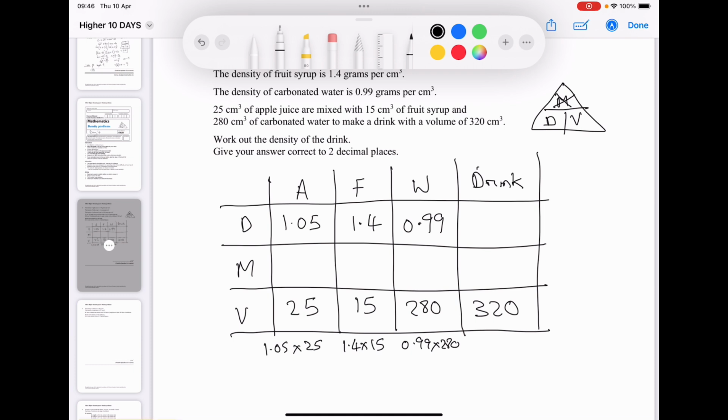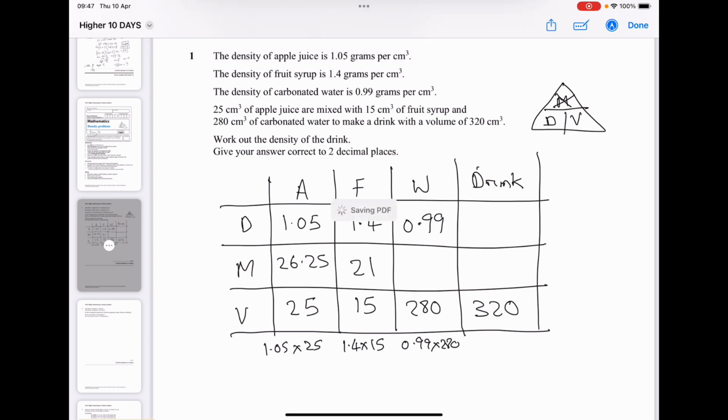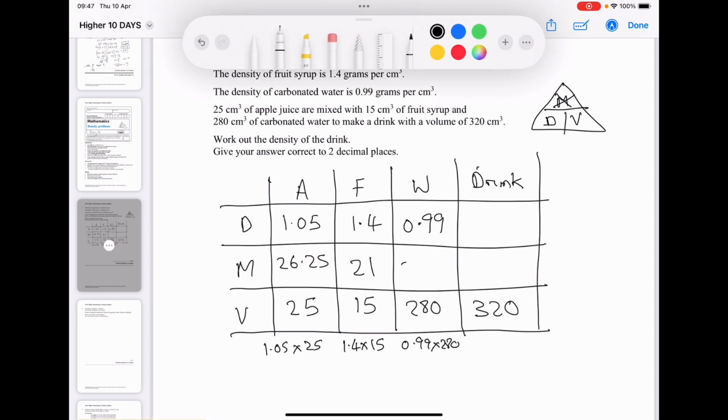So I've got my calculator today. I know you can't see it, but 1.05 times 25 equals 26.25. 1.4 times 15 is 21, and 0.99 times 280 equals 277.2.